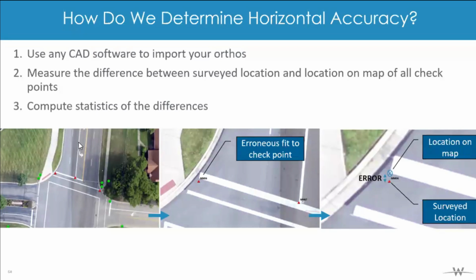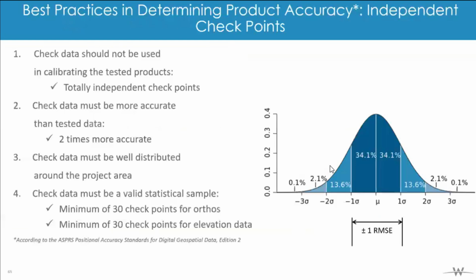You bring your imagery, you bring your survey points, and you check, like I showed earlier, how far the survey point is from that ortho, for example. And you compute a statistic for each one.